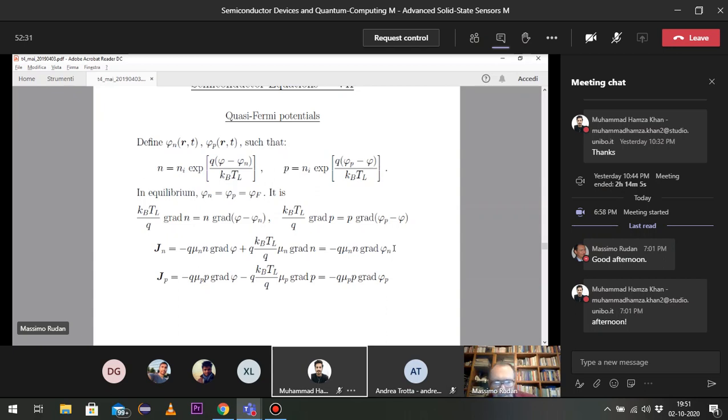Why are these expressions, or when are these expressions useful? They are useful for calculating the current in the devices in which one type of current is dominant. Okay, and this typically happens in the MOS device.